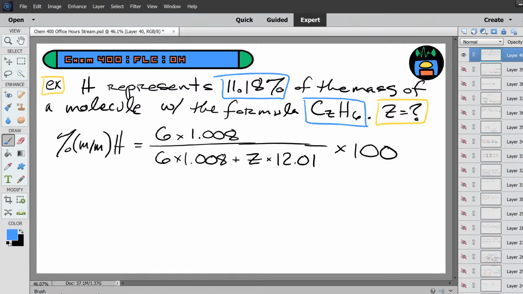And guess what? You know the percent mass. You've got to find this variable. So really, solving this problem simply comes from writing out the equation for percent mass of hydrogen and then doing some algebra. And this harkens back to something that I've mentioned in class.